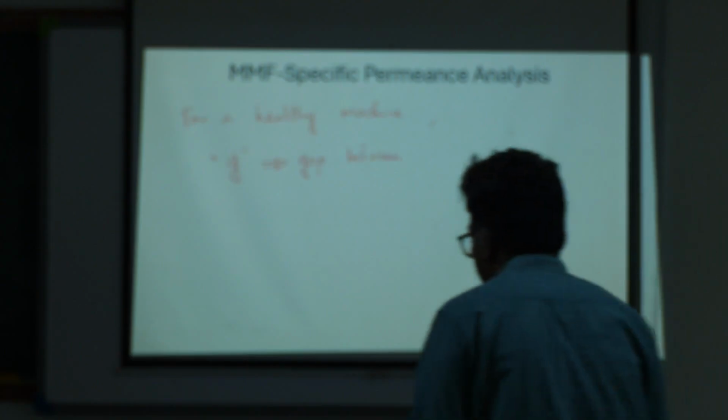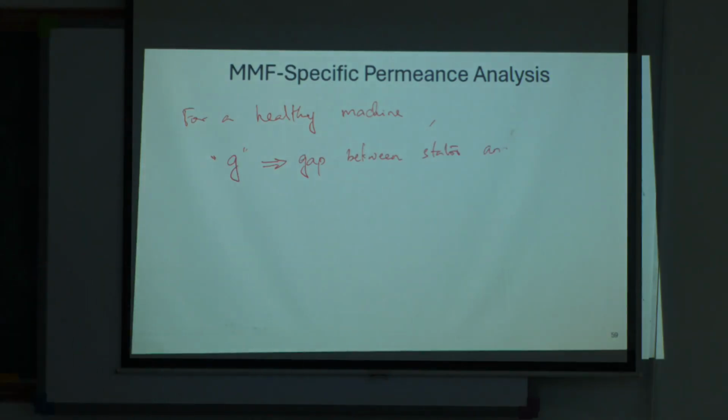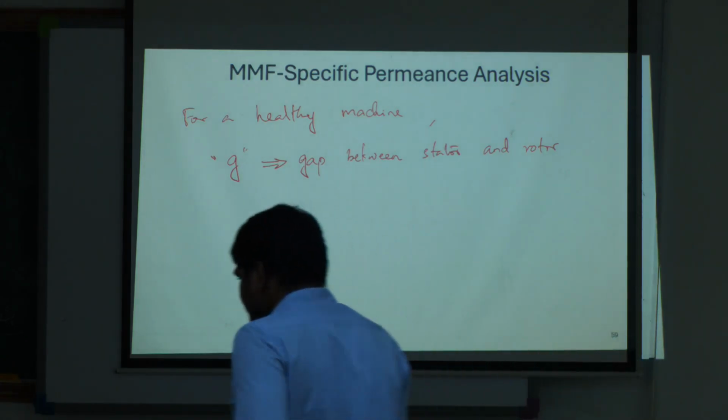So for a healthy machine, let the uniform gap between stator and rotor be G. What would be the permeance then?